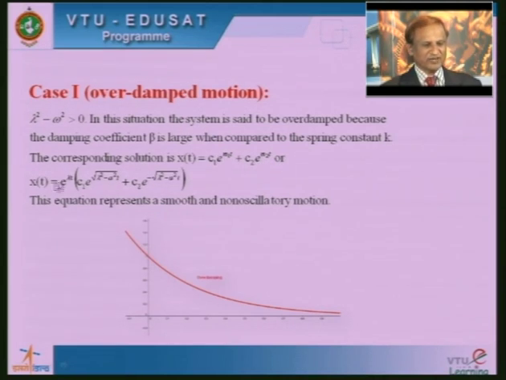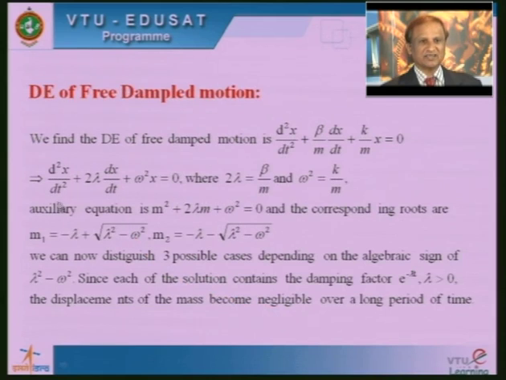According to the given equation, we are able to write down x of t is equal to e to the power minus lambda t into c1 e to the power square root of lambda square minus omega square t. In the earlier slide I mentioned that we may obtain roots like minus lambda plus square root of lambda square minus omega square.